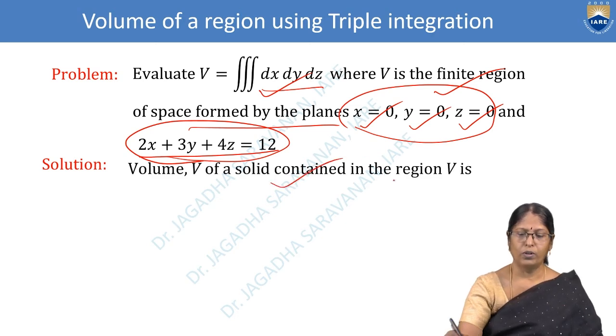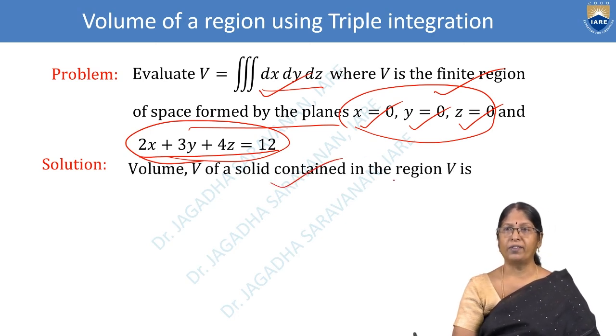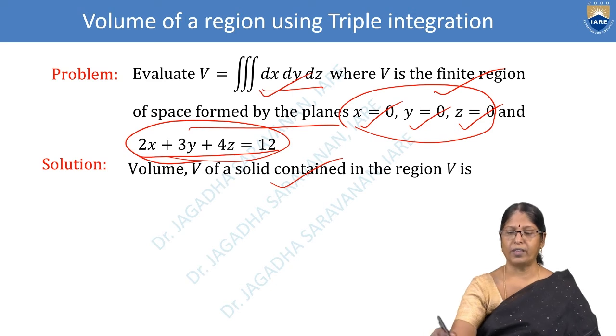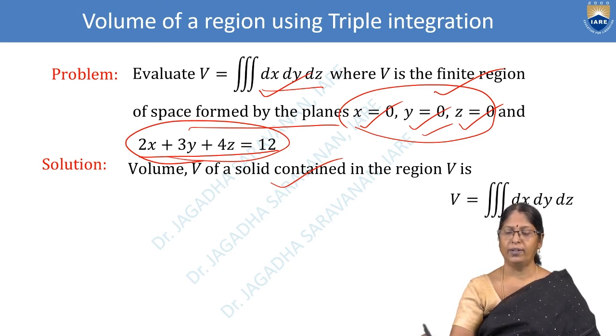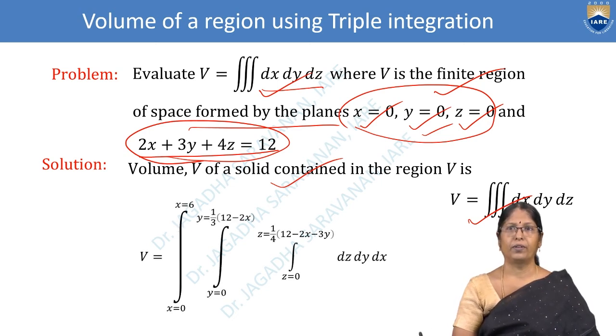So now the volume of a solid contained, because as they are in the Cartesian form, we will take the Cartesian form volume formula, that is triple integral dx dy dz.